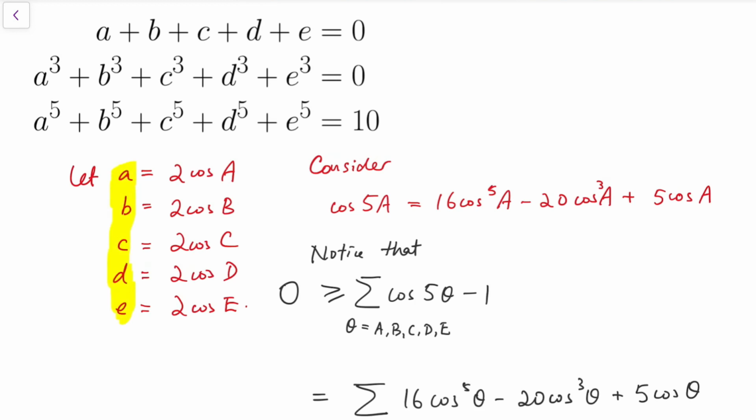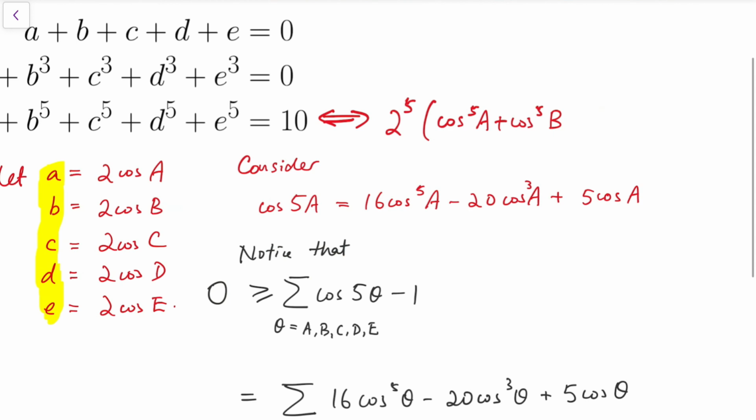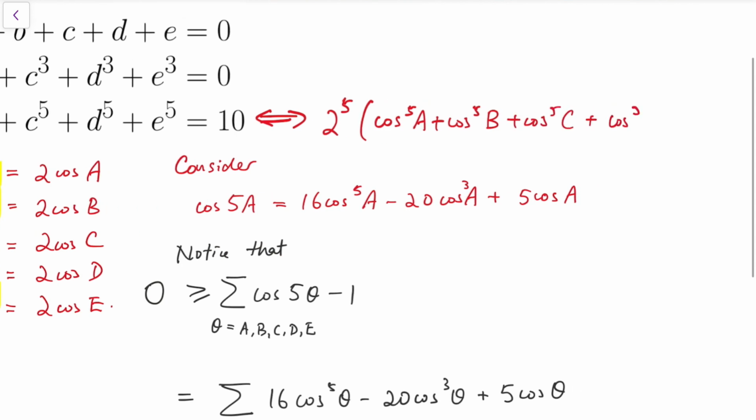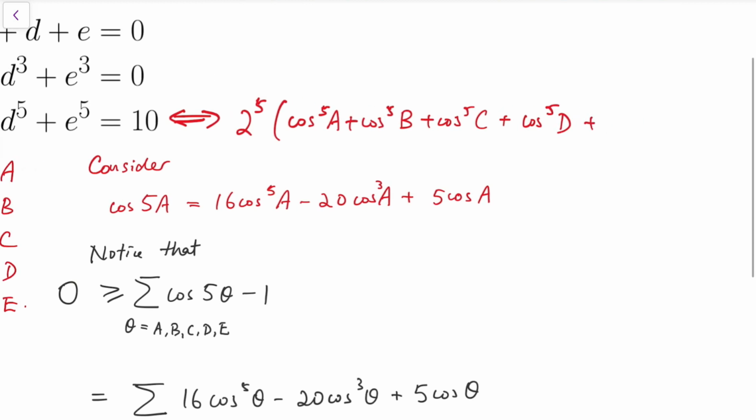So translating the sum of powers in terms of cosine, for example for the third equation, is equivalent to saying that 2 to the power 5 times the sum of the fifth powers of the cosines is equal to 10.